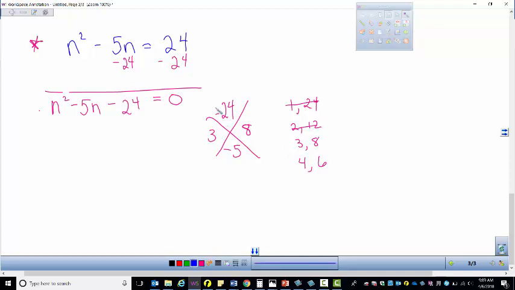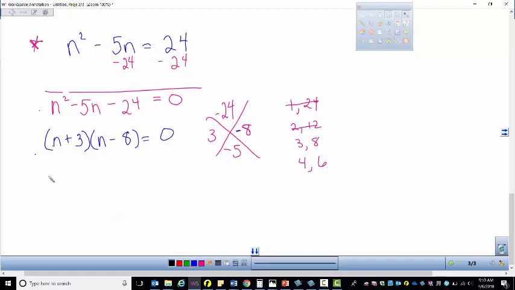And one of them has to be negative because this is negative and this is negative, so I would want the 8 to be negative because it's bigger, and that would give me a negative 5. So I have n plus 3 and n minus 8 equals 0.